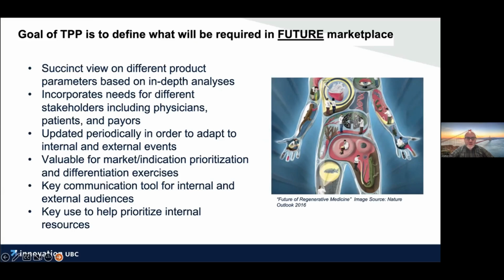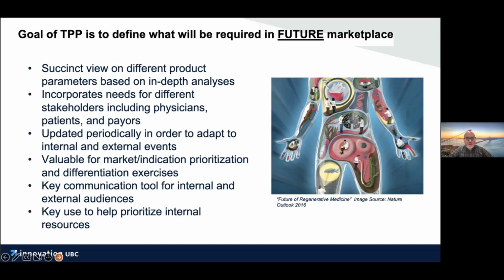As I mentioned, it's a key communication tool, both for internal and external audiences. In a small company, and I'll get into this a little bit later, you're typically using this for investors, potential partners, and patient advocacy groups, but you're also thinking internally about what your product has to do in the preclinical setting to translate into the clinical setting.